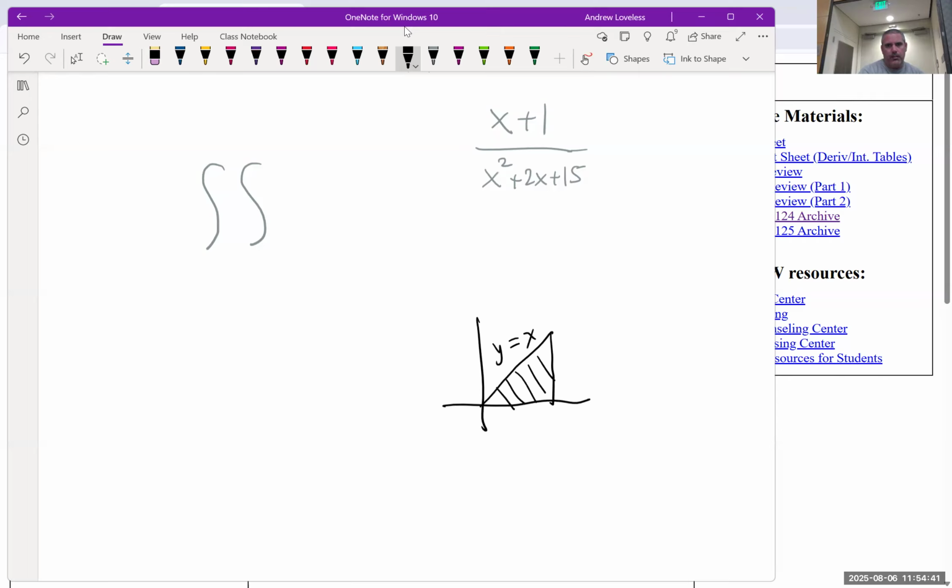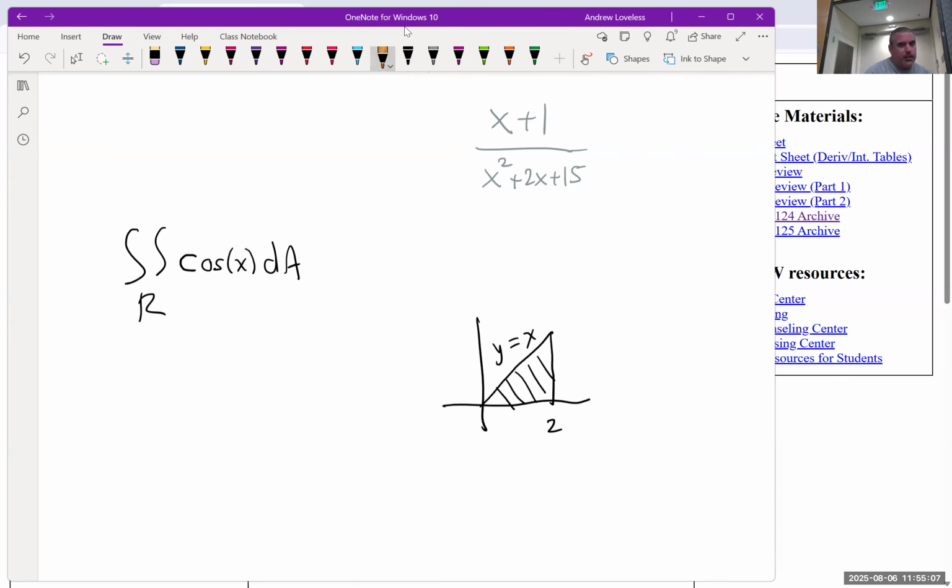Y equals X. Let's make this a 2. Let's say you have to do the double integral over this region of cosine of X dA.